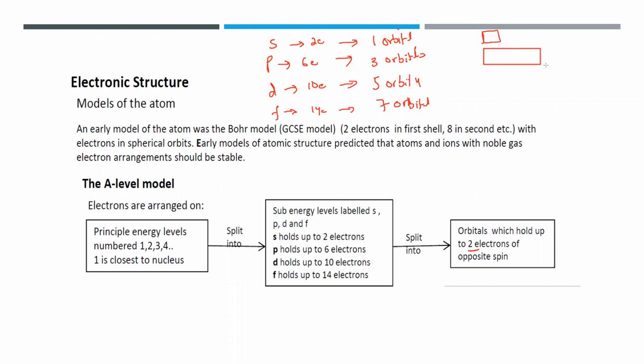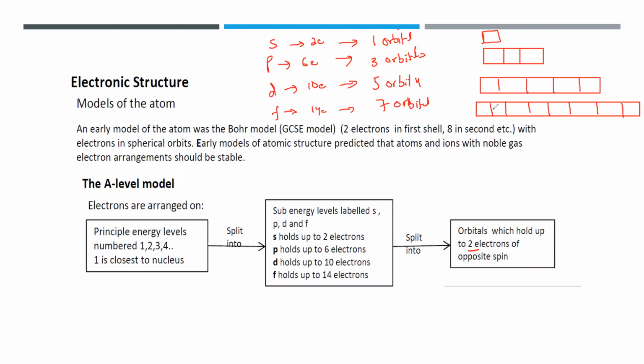P will have 3 orbitals, represented by 3 boxes. D will have 5 orbitals, so 5 boxes, and F can have 7 orbitals: 1, 2, 3, 4, 5, 6, 7. I made it 8, so it should be 7.